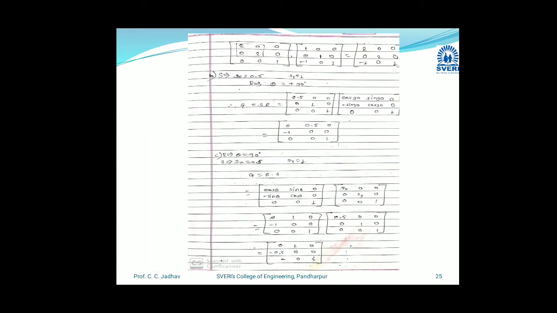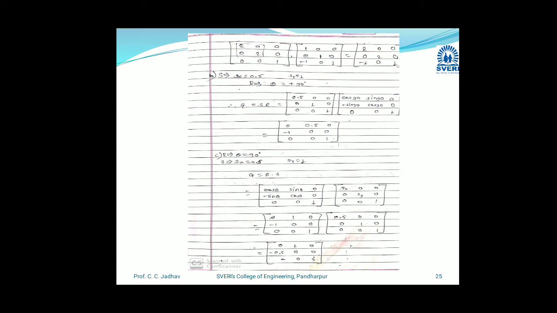From this we have formed G equal to S into T. We multiply the two matrices and get the final matrix: 2 0 0, 0 2 0, -1 0 1. So this is the answer for the first bit, scale the image twice and then translate it 1 unit to the left.